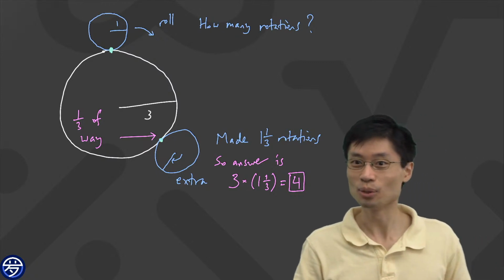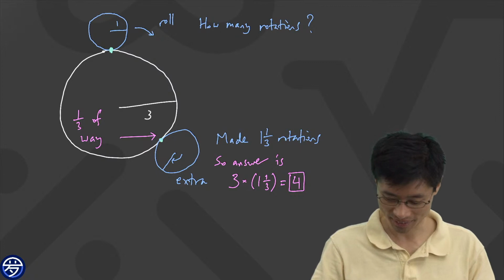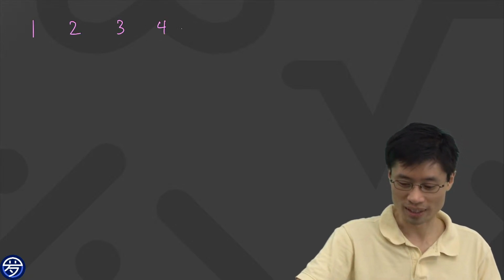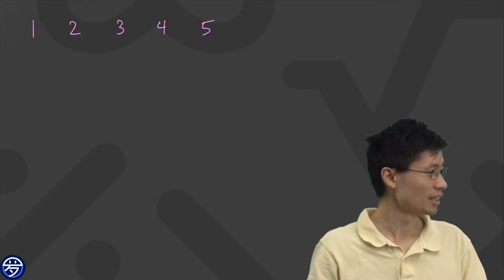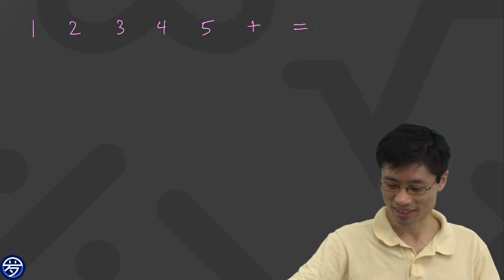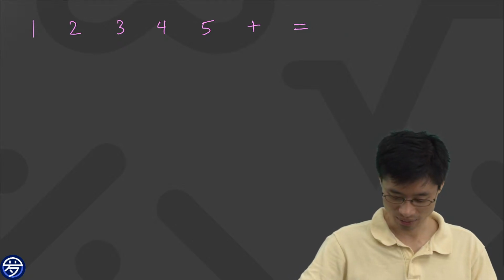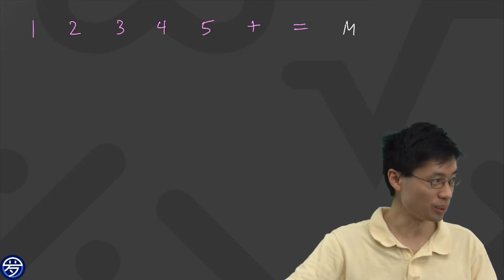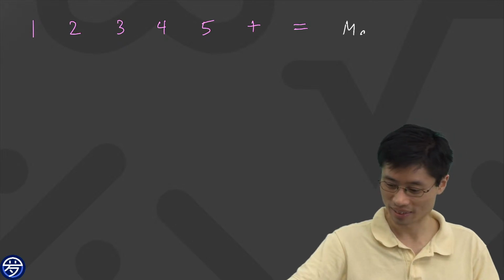Oh, neat. Moonwatcher123 has a puzzle for us. The puzzle says, use the numbers 1, 2, 3, 4, 5, and the symbols plus and equals. Make an equation. A true equation, not just any equation.